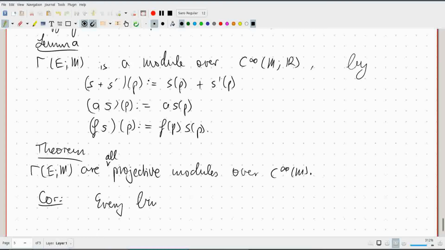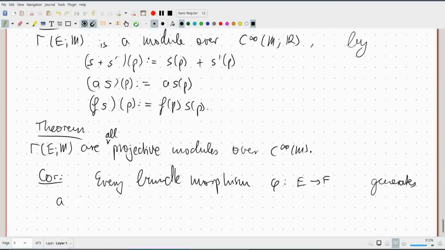every bundle morphism phi from E to F generates a section, I guess S, of the Hom bundle E F, a global section, and vice versa.